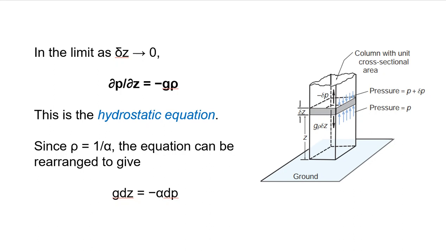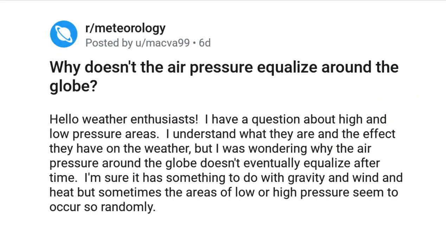So I came upon one question from Reddit in our meteorology community, and one Redditor asked, why doesn't the air pressure equalize around the globe? The question is, hello weather enthusiasts, I have a question about high and low pressure areas.